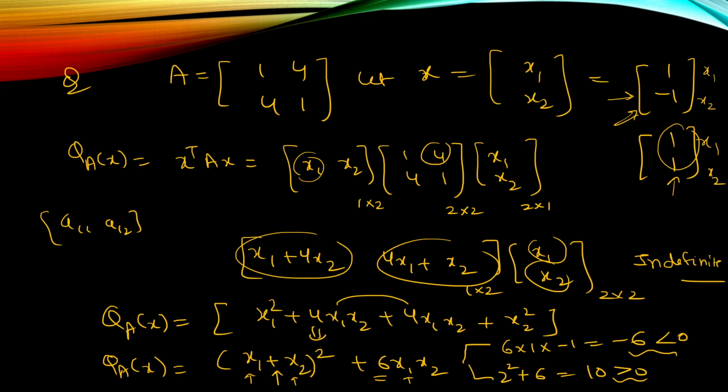From the matrix, you form a quadratic expression, and then you check it for various vectors, whether it is giving you the same answer or not. Now there is one other thing. Let's say you have a particular quadratic form. You know that the matrix has to be symmetric, right?